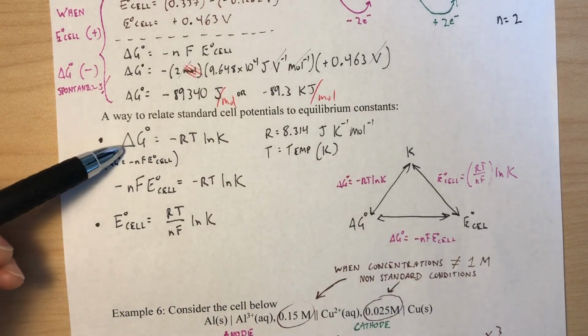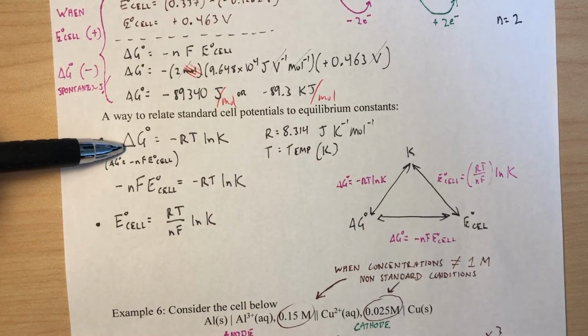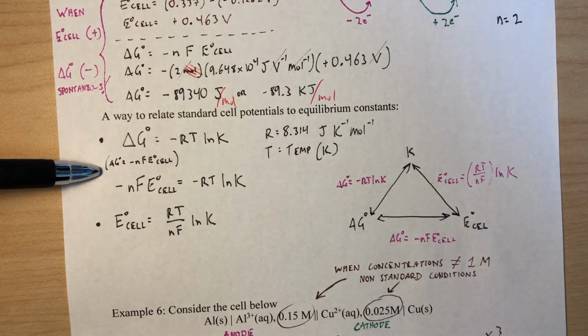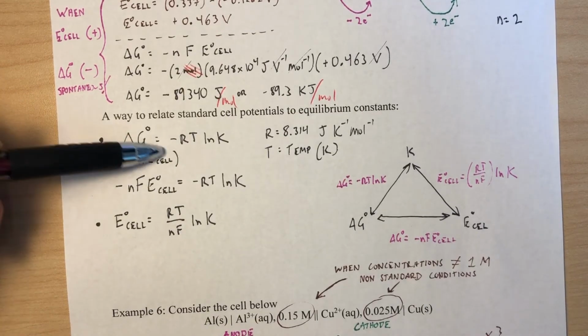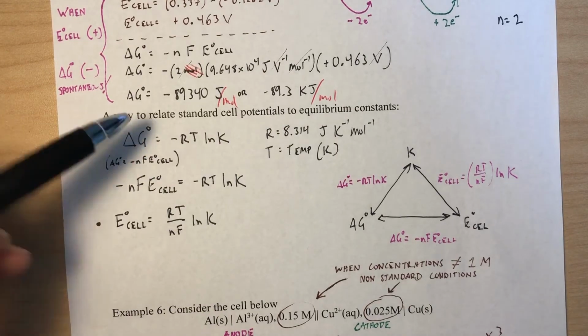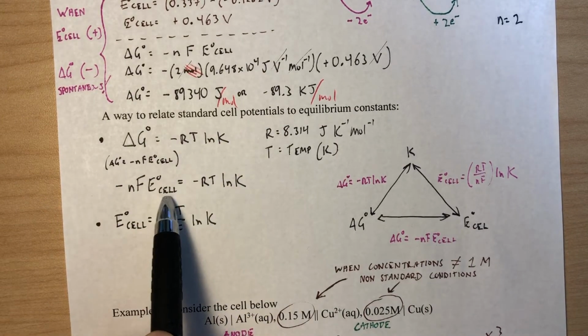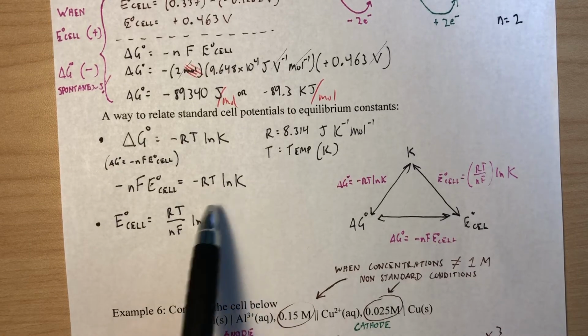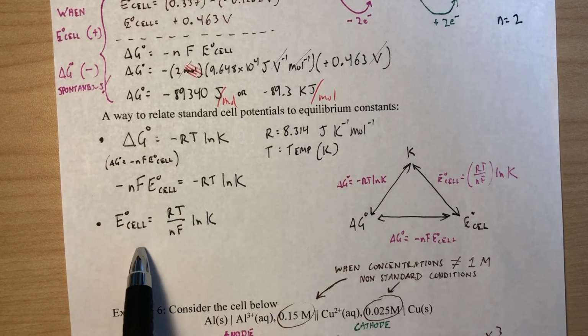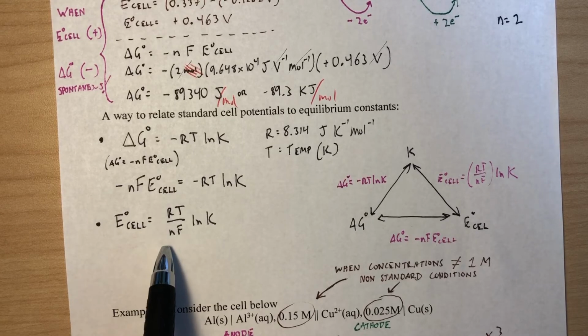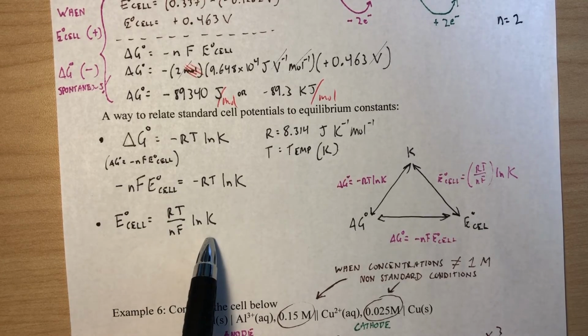So if delta G is equal to negative RT ln K, and delta G is also equal to negative NF E cell, we can plug in negative NF E cell for delta G, and we get this equation here. Then we can isolate this variable. We take the right side of this equation and divide by negative NF, and what we get is E cell is equal to RT divided by NF times the natural log of K.